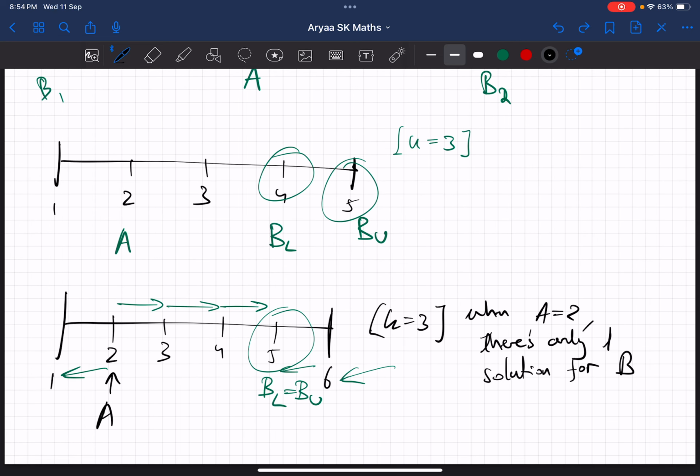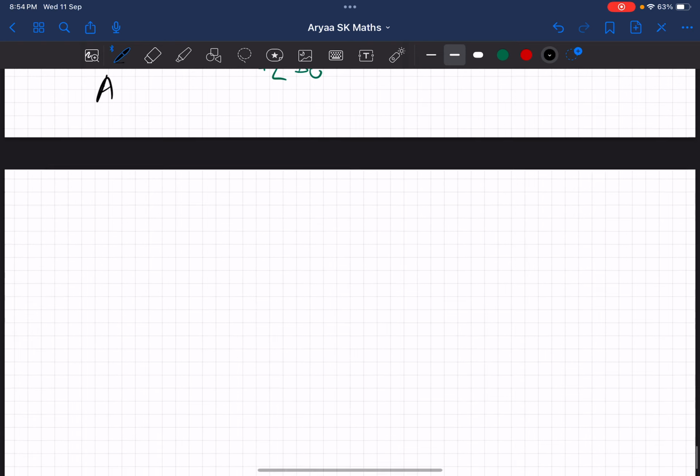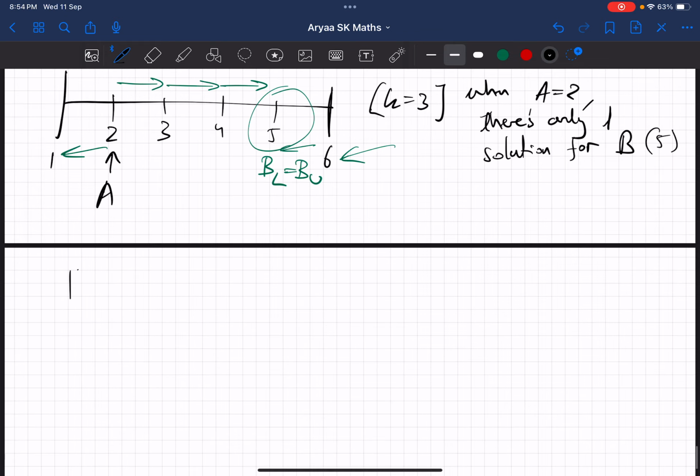In this case, you can see there's only one solution for B at 5. Now there's not 2. So we need to subtract these cases somehow. So we can write number of valid solutions is equal to, well, generally it's going to be n multiplied by 2, except for cases where B lies on the same point.